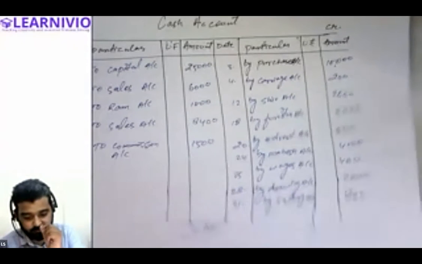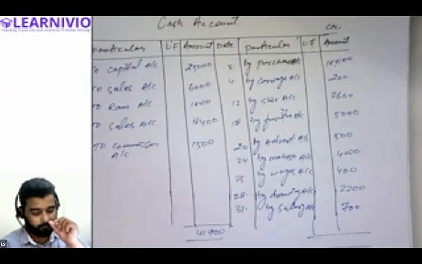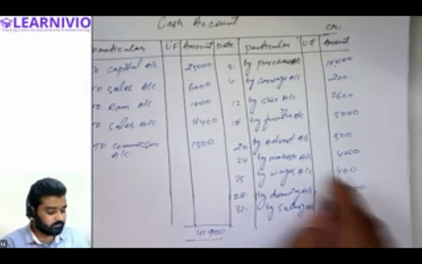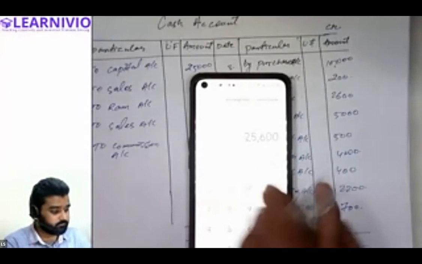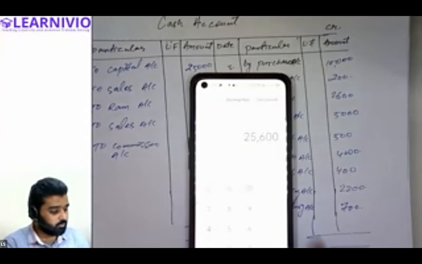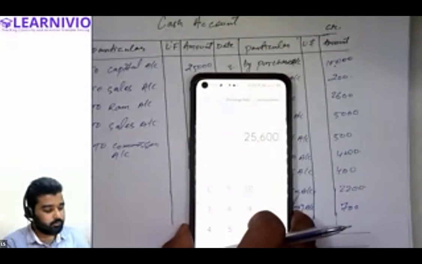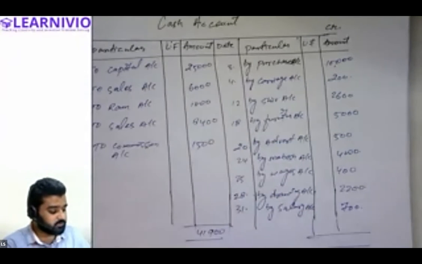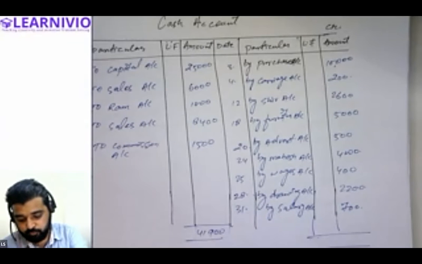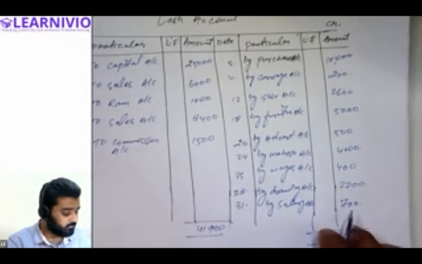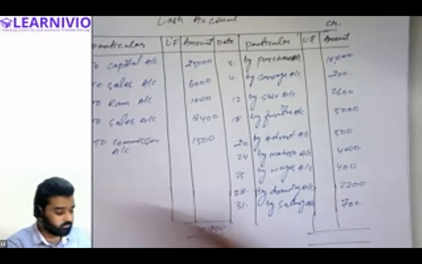So the answer will be 25,600. Yes, sir, 25,600. So I am getting 25,600 as the answer. Now we will reduce this amount from the total amount 41,900. So there is a difference of 16,300.